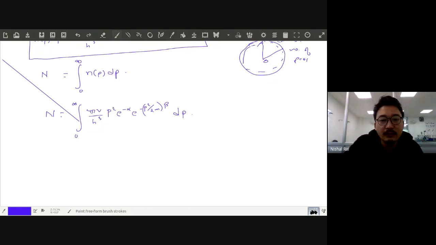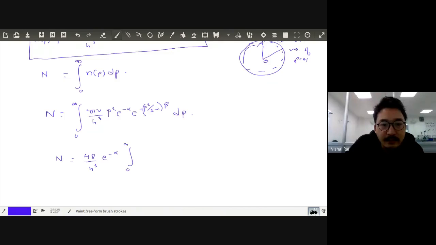After integrating, what you will get? Because this is just a constant, you can take this out. What are the constants which are sitting over here? Basically 4 pi V by h cube e to the power negative alpha.